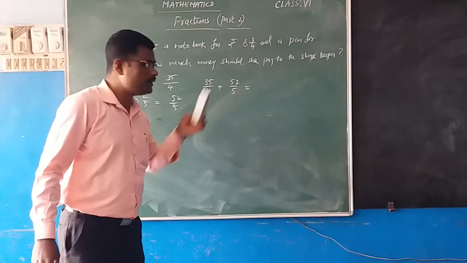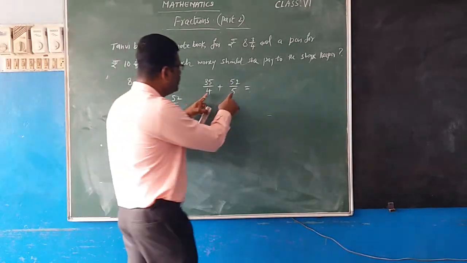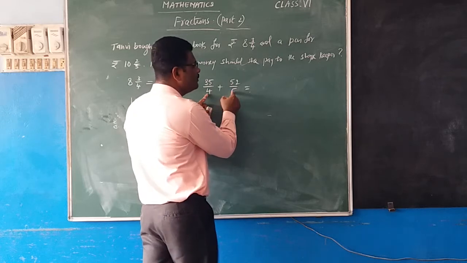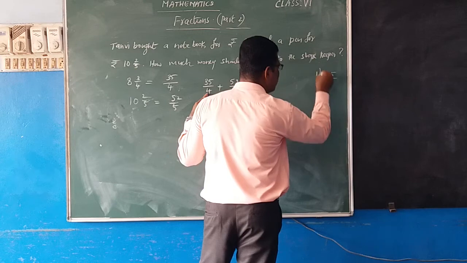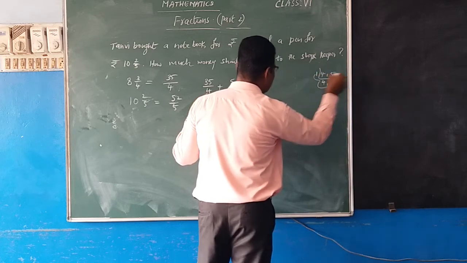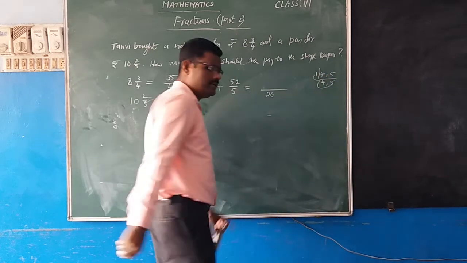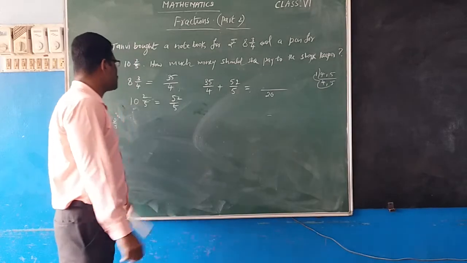Now it is unlike fractions. Taking the LCM of 4 and 5, it goes with the table only 1, 4 times and 5 times. Multiply and get 20 as the LCM. Understood that?